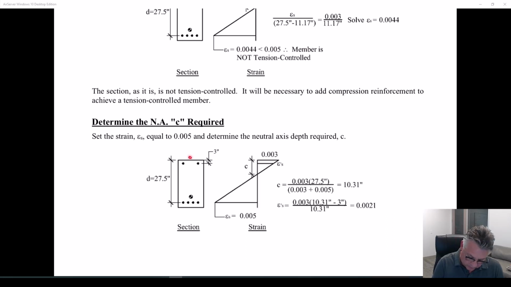Now remember, we started the problem without having any compression steel. But compression steel is going to be the answer to the fact that this was not tension controlled. Let's see how it works. So I've set this to be tension controlled, set this to be what the code says. Therefore, even though I don't have compression steel yet, I can calculate what the strain's going to be.